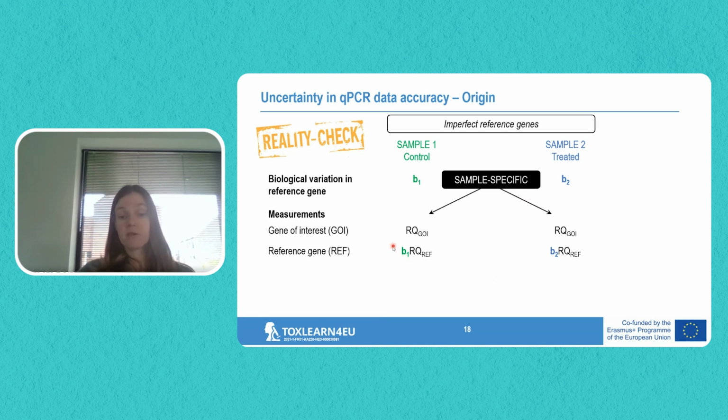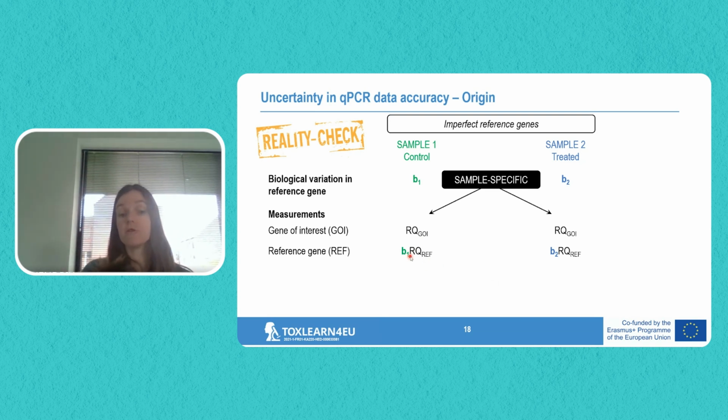This biological variation, of course, is only linked to the reference gene, because the biological variation, so the actual variation in expression, will not be the same for the reference gene and the gene of interest. Maybe the gene of interest, in our example the pro-oxidative gene RBOHF, would be strongly increased in expression in response to zinc.